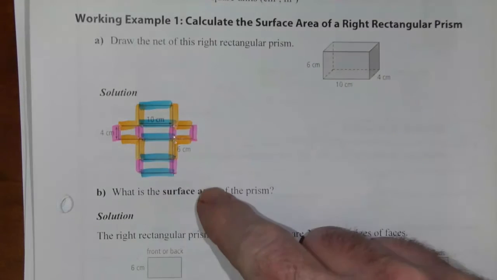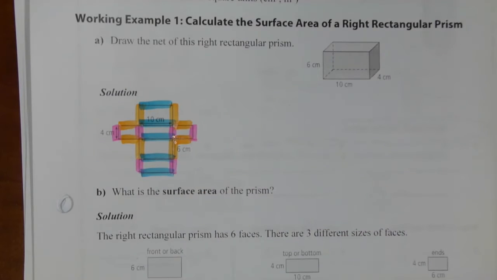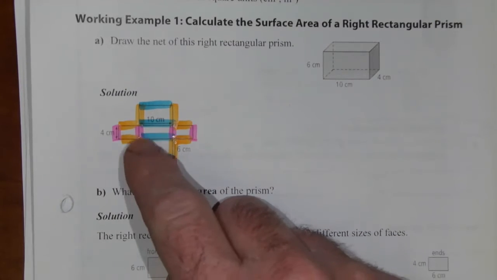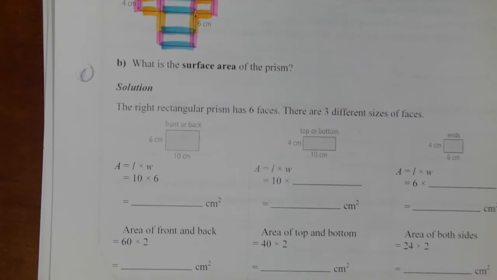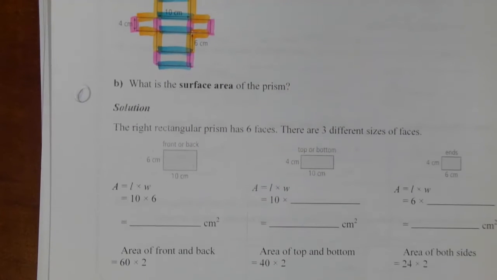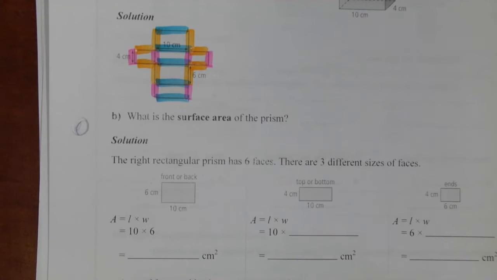So seeing it this way might help with figuring out where we're going next, and that's calculating the area of each of the rectangles involved. So, this right rectangular prism has 6 faces, as do all right rectangular prisms. They all have 6 faces. And there are 3 different sizes to those faces.